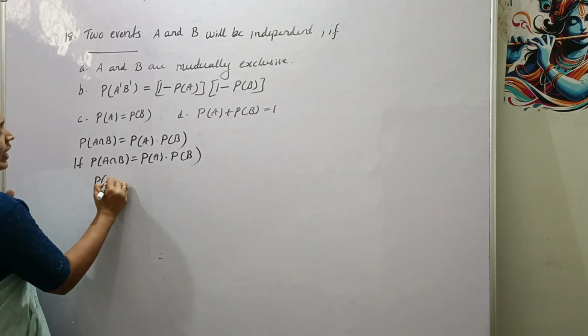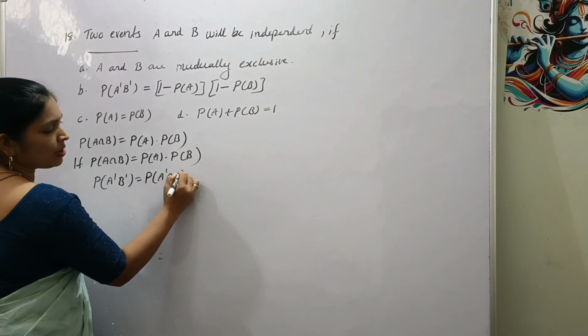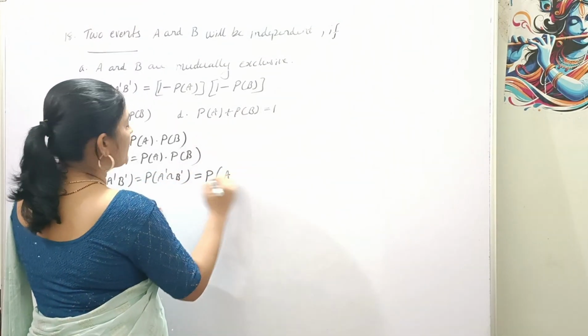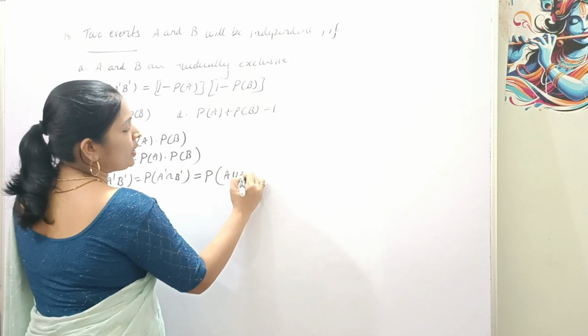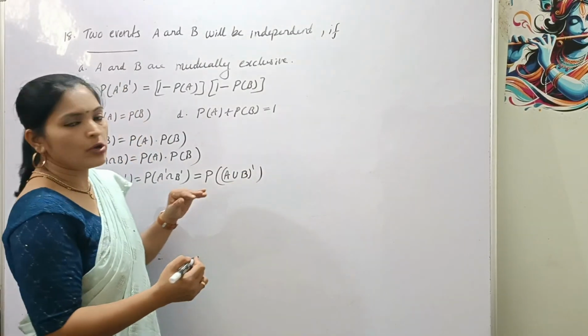Then probability of A complement intersection B complement is equal to probability of A union B whole complement, by the properties of complements of sets.